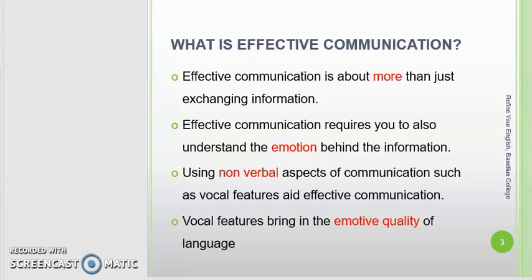Effective communication requires the listener to also understand the emotion, the feelings of the speaker at a particular context. So a speaker uses various non-verbal aspects of communication, just like hand gestures or eye rolls or your eyebrows.